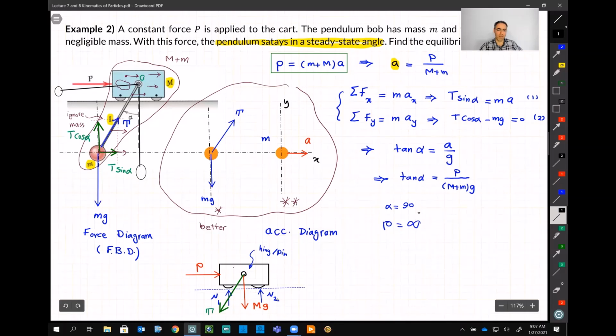You don't know N1, N2, and T. But if you use the small mass M, your only unknown is T. Here your unknowns are N1 and N2 as well, which gives you trouble. For the pendulum, your unknowns are alpha and T, but here you have alpha, N1 and N2.